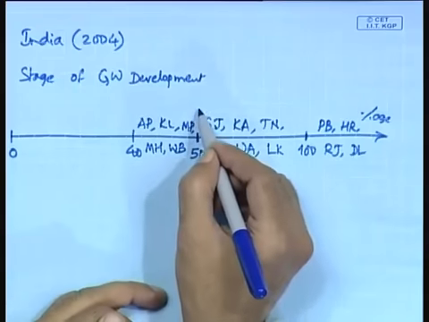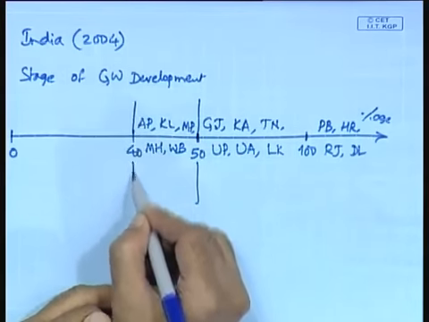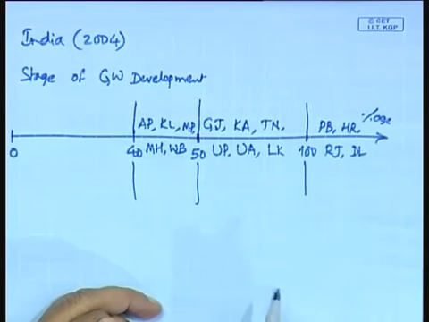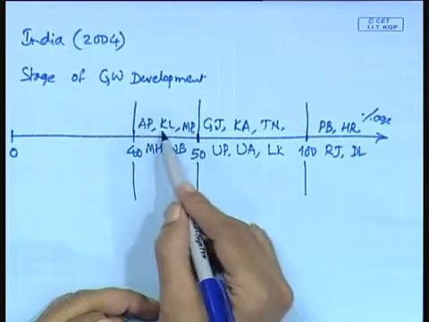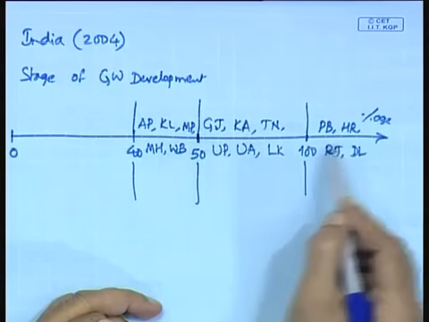So, you can imagine the importance of groundwater utilization. Here you can see this is 1, 2, 3, 4, 5 and then say 10.